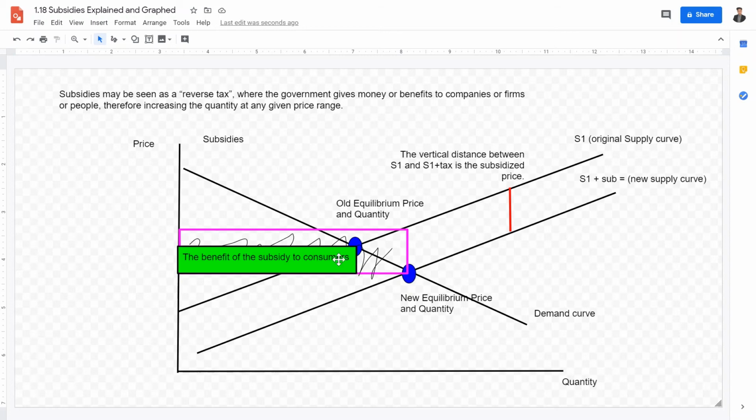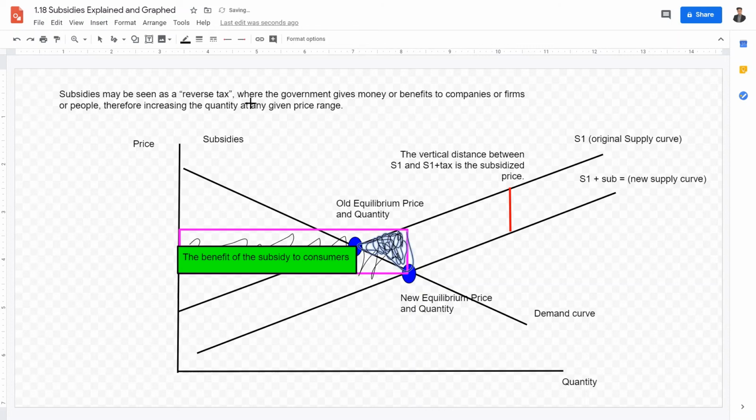Now, it's important to take note that the government provides subsidies, but not all of the quantities provided from the subsidies end up in the hands of consumers or producers. That's why in subsidies, there's something called a deadweight loss, or some people may call it a total welfare loss. Whatever you call it, this triangle right here is the deadweight loss.